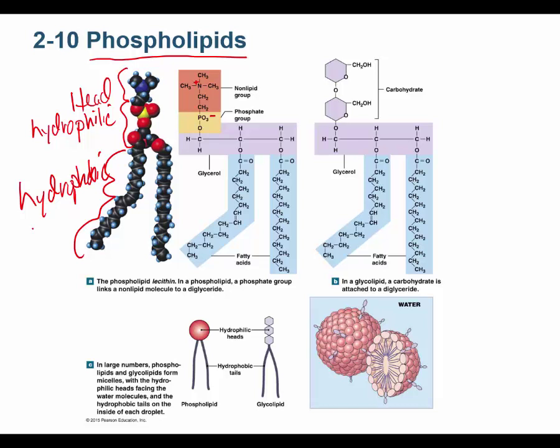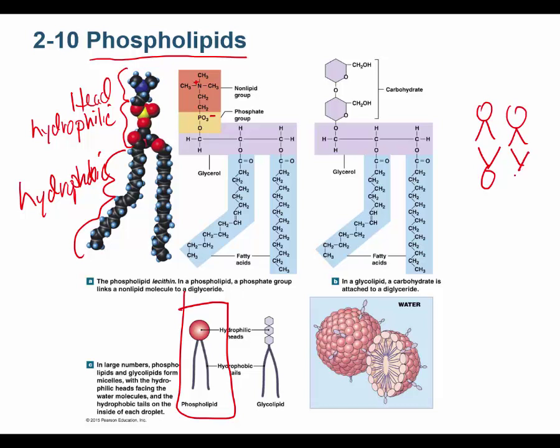Okay. Well, how do I have a membrane if I have a tail that's hydrophobic and a head that's hydrophilic? The inside and the outside of my cell has to be hydrophilic. There's water inside my cell and water outside my cell. No problem. If I draw this whole molecule like you see right here, here's what my cell membrane is made of.